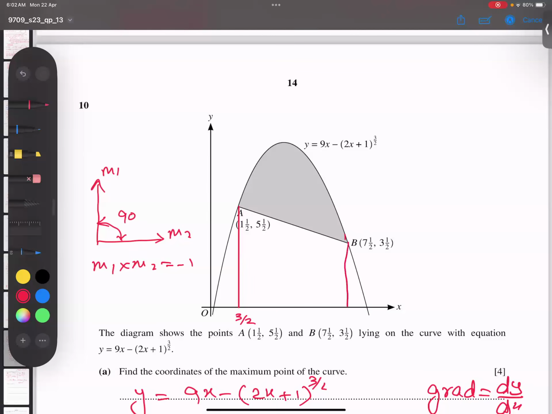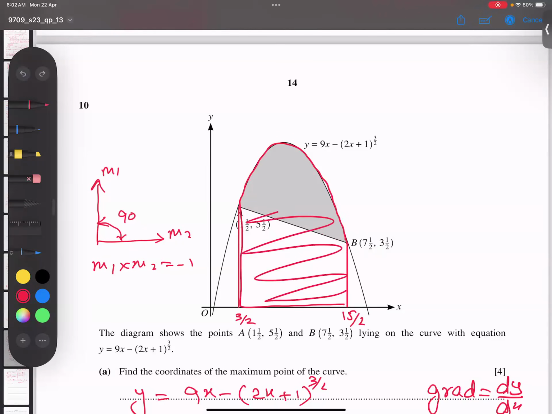And this x value is 14 plus 1, 15 by 2. Students, if I need this full area from the curve till the x-axis, look, I shade this whole part. You will understand this full area. So how can we get this full area, students? I will integrate the equation of the curve with the limits 3 by 2 to 15 by 2.